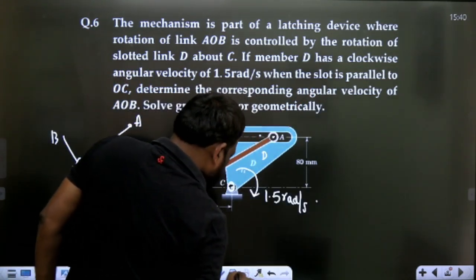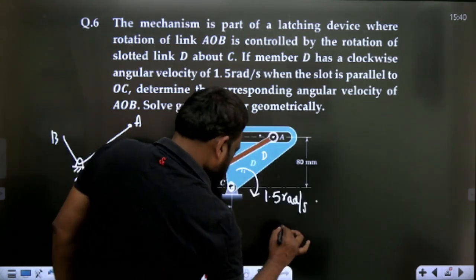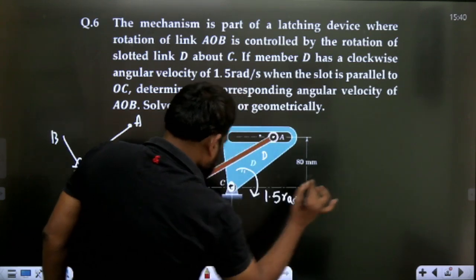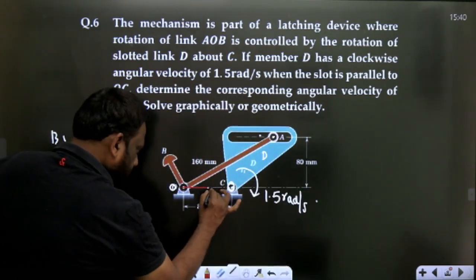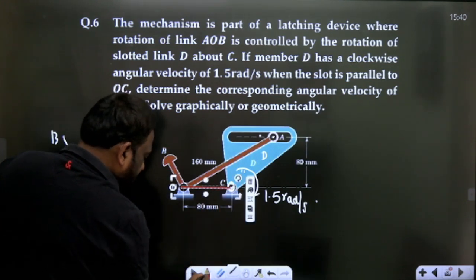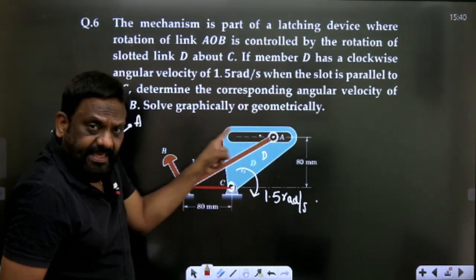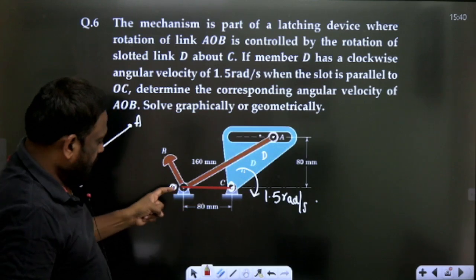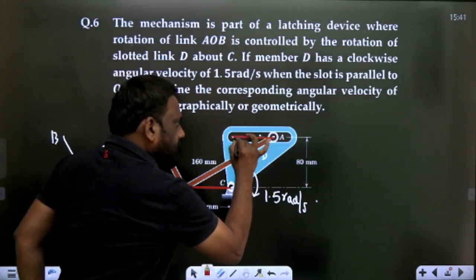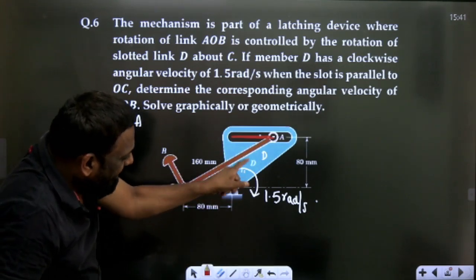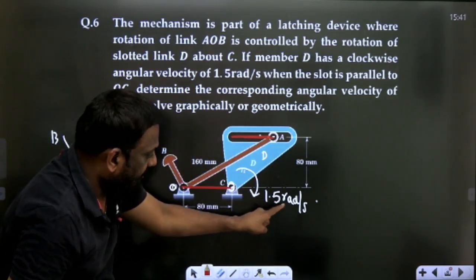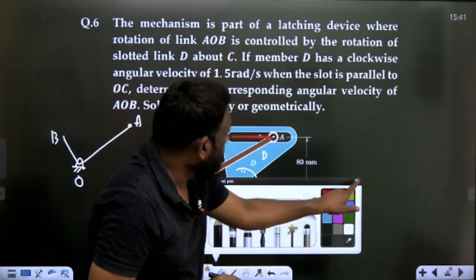My dear students, this is OC. What he says is, when the slot is parallel to OC, this link D, that slotted link, has an angular velocity of 1.5 radian per second. Okay sir.